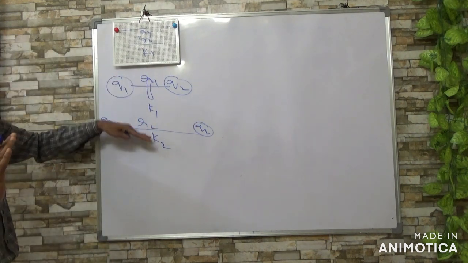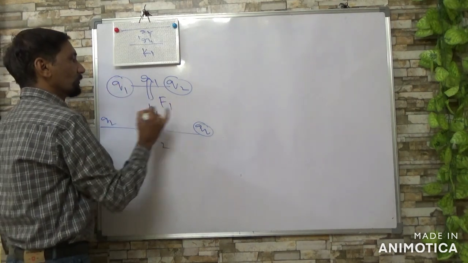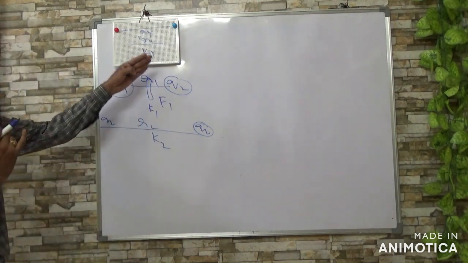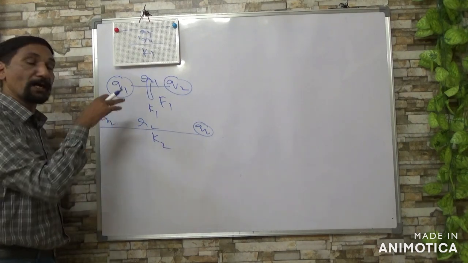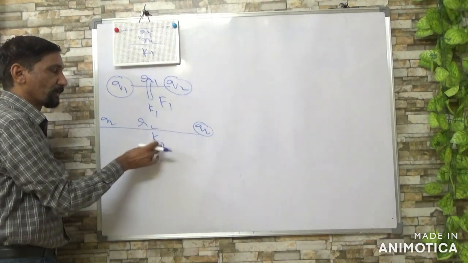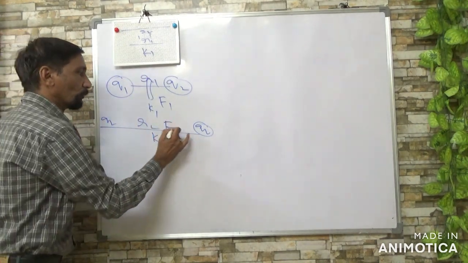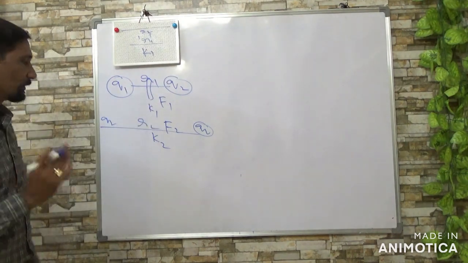Suppose the force between them is equal, so force between q1 q2 when they are held in the medium k1 at distance r1 is equal to the force when they are in medium k2 at distance r2. So different distances, different mediums, but according to the problem we are assuming that the forces are equal.